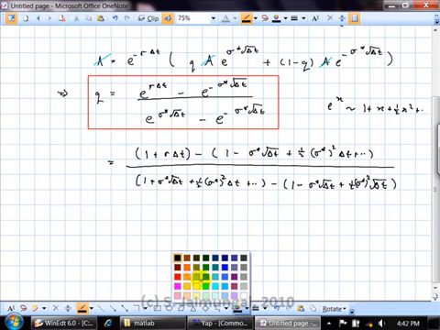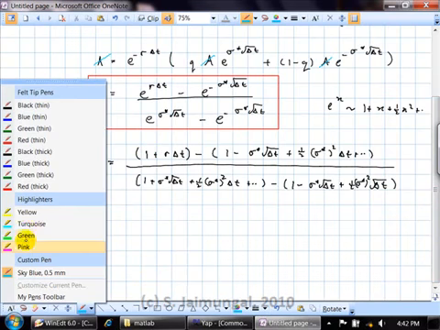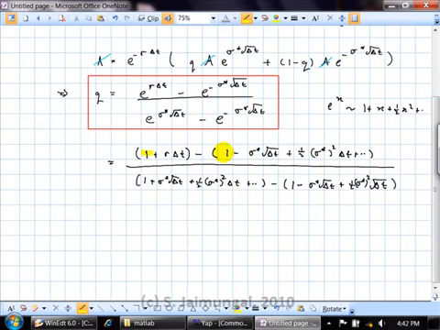Okay, and if you look at these expressions, there's a series of cancellations. Let me highlight them. This cancels with that. There's a cancellation of this term with this term. This one and this one also cancel. So everything that I've highlighted goes away.